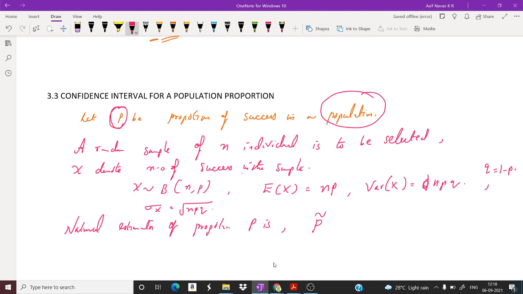We denote p cap, which is equal to the number of successes divided by the number of trials, that is, the sample size.